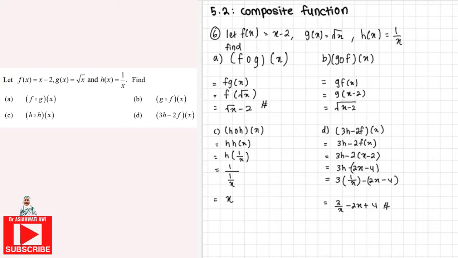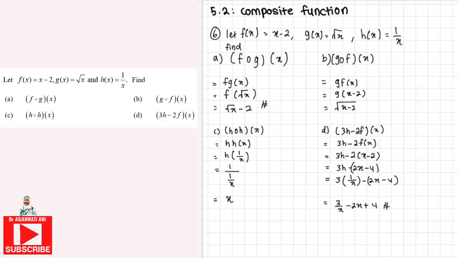Okay, last one, the question is like this. So we find 2f(x) first. f(x) is given as x minus 2. So we just sub here, and then we multiply, we multiply 2 with x, and then it will be 2x minus 4. 2 multiplied with negative 2 will be negative 4.